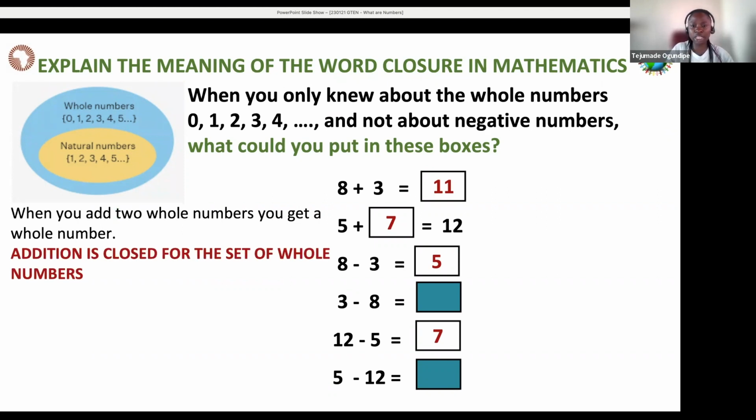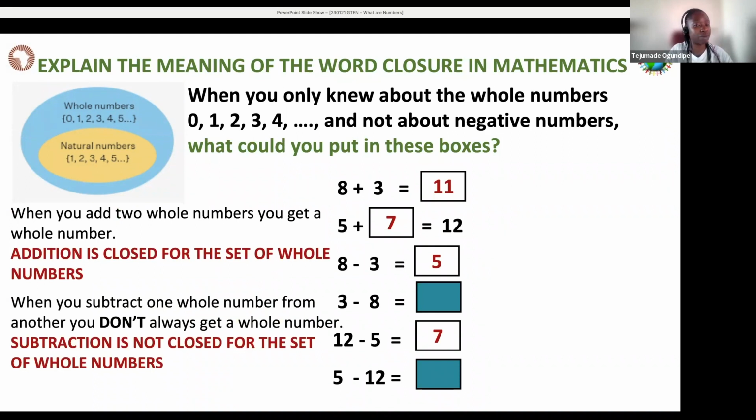We already know 8 plus 3 gives 11, 5 plus 7 gives 12. When you add 2 whole numbers, you get a whole number. So addition is closed for the set of whole numbers.